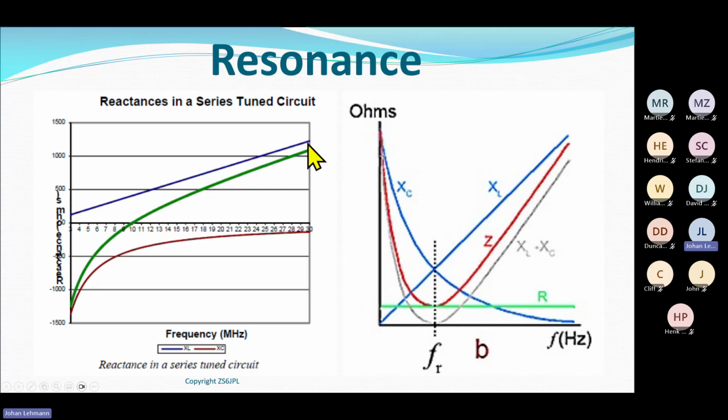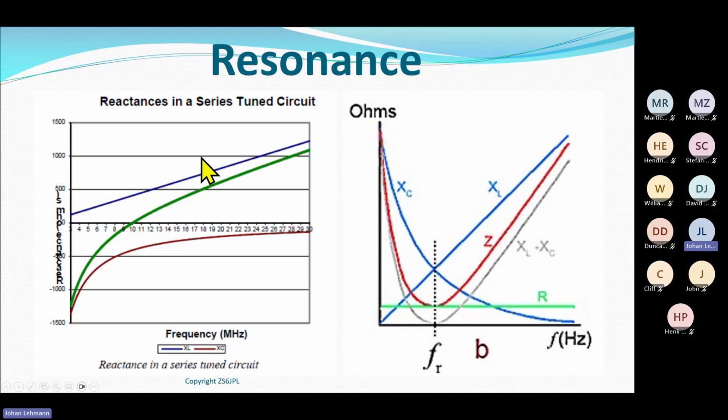We can see that from the graph. The reactance of a capacitor starts very high at DC and moves towards 0 over frequency. So the higher the frequency, the lower the value of the capacitive reactance.